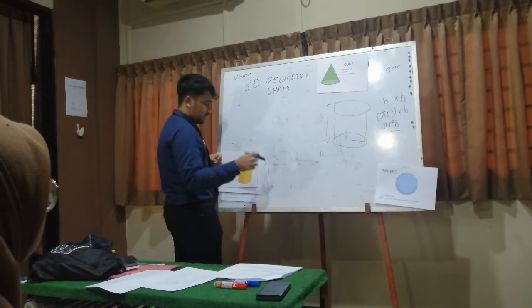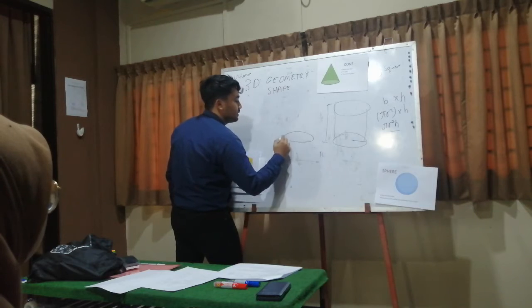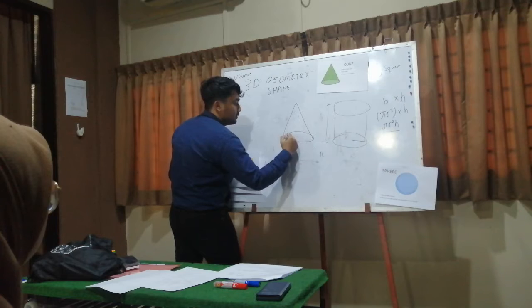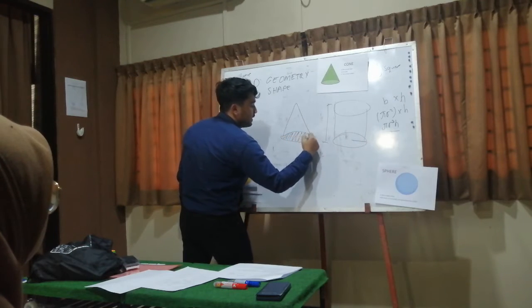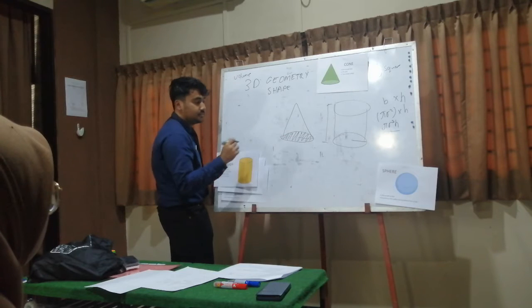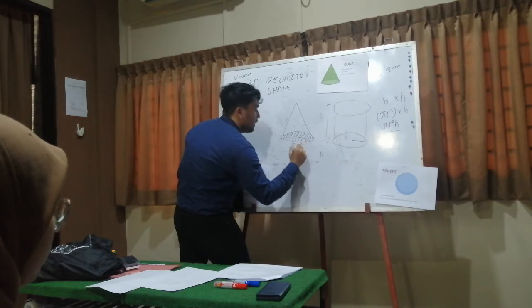Just like the theory of the pyramid and cube, we have one base and one apex. First we identify the base. We get it here. So, what is the formula for this? Pi r square.